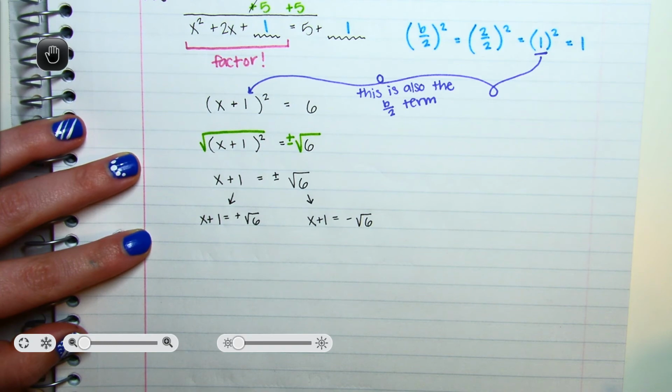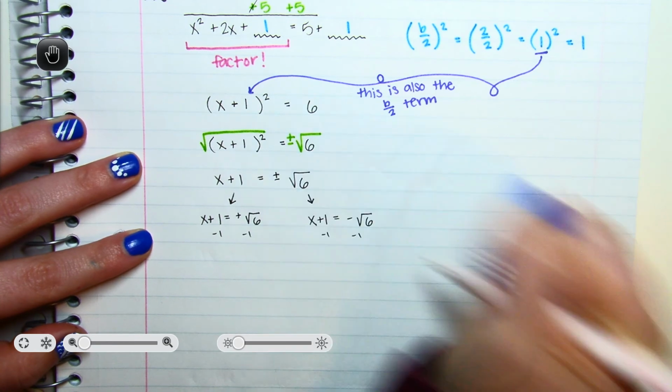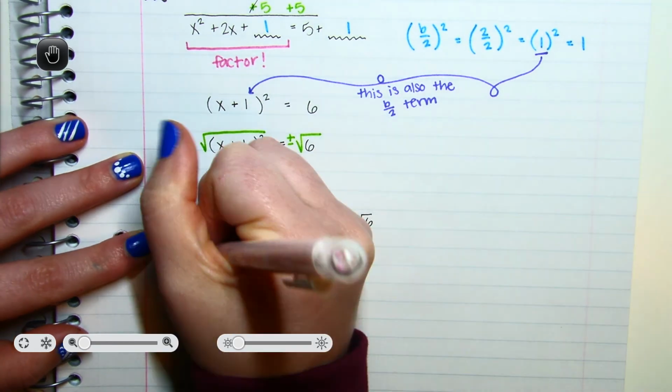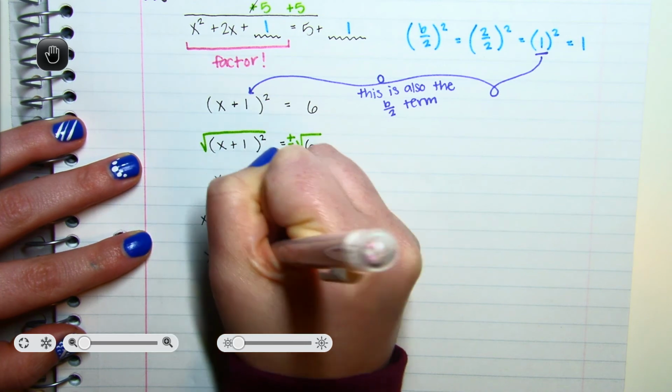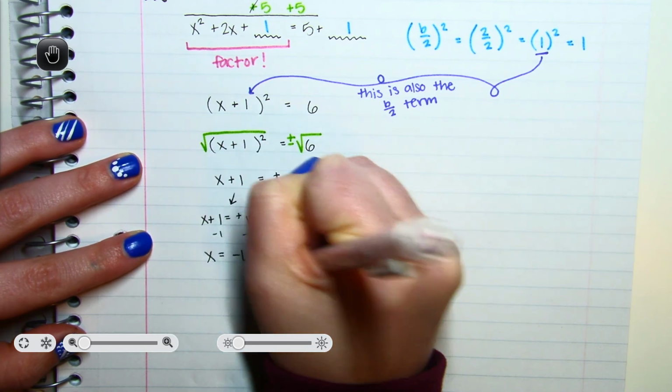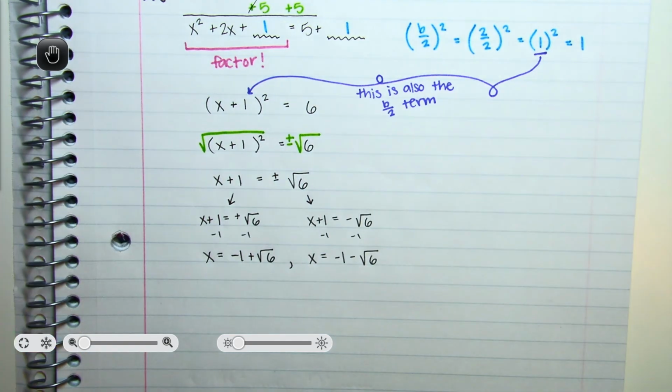And subtract 1 from both sides. And you get x equals -1 plus rad 6, and x equals -1 minus rad 6.